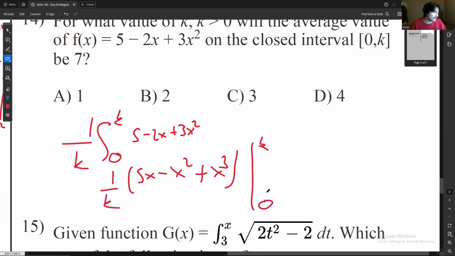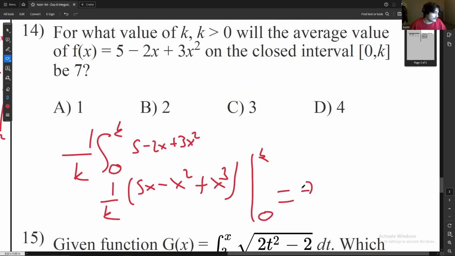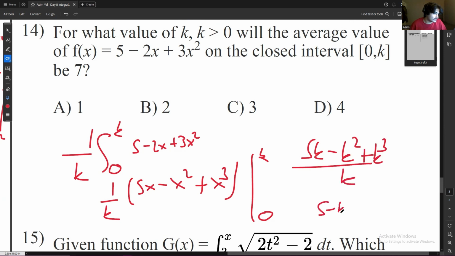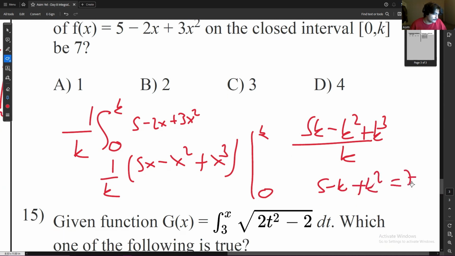So we're just going to plug in k and set this equal to 7. So 5k minus k squared plus k cubed all over k, which is 5 minus k plus k squared equal to 7.